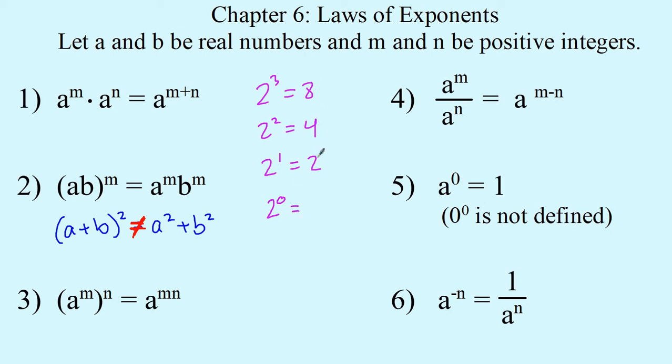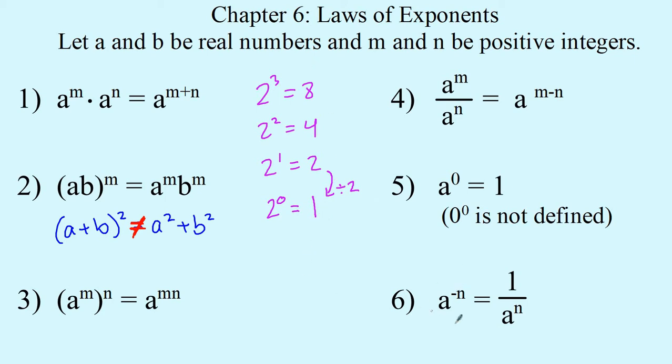On the right-hand side of the equation, notice the pattern. I'm just dividing by 2. So 2 divided by 2, right? Notice the pattern is 1. A lot of times kids want to say a to the 0 is 0. Nope, nope, nope. Follow the pattern.